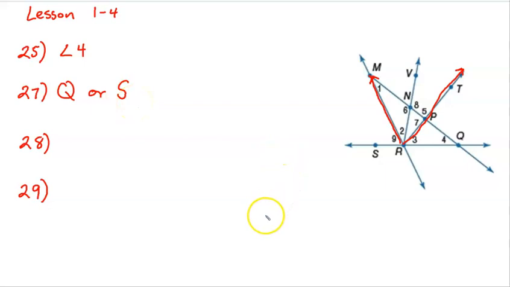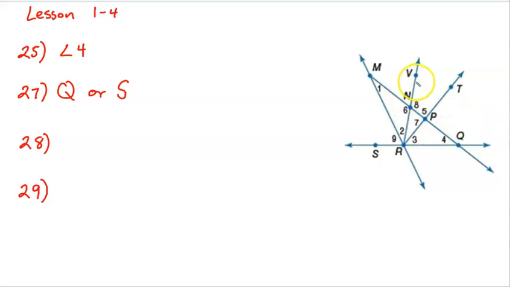I don't see any others. All right, 28, name a pair of angles that share exactly 1 point. Let me erase my lines here. A pair of angles, so really what you're looking for is a pair of angles that share the same vertex.